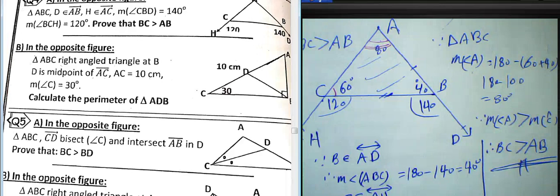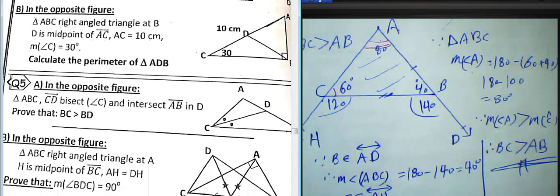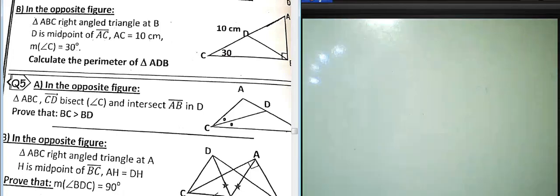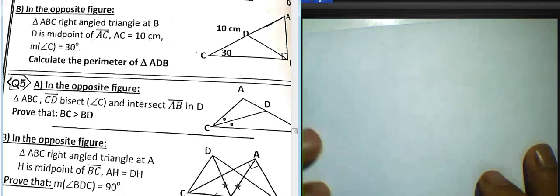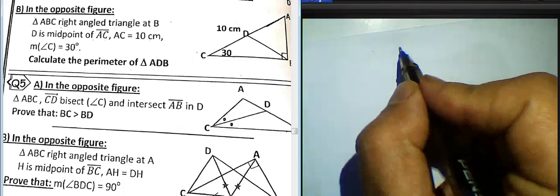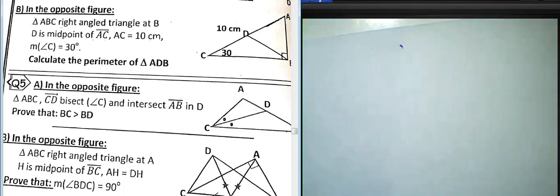We have here a right angle triangle, and we want to calculate the perimeter of the triangle. We can find the length of the median of the triangle, because he gives us D is the midpoint of CA. Look at this example with me.